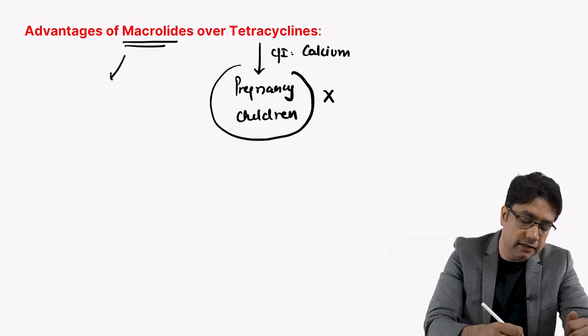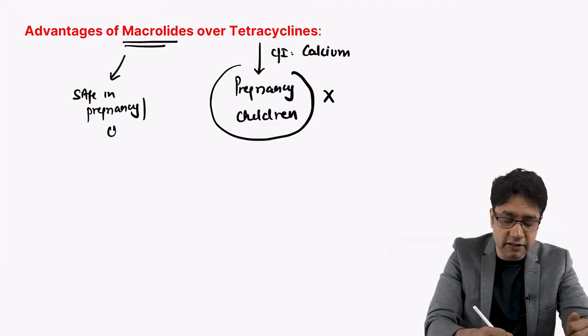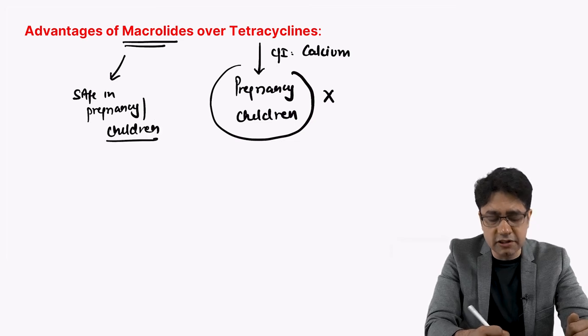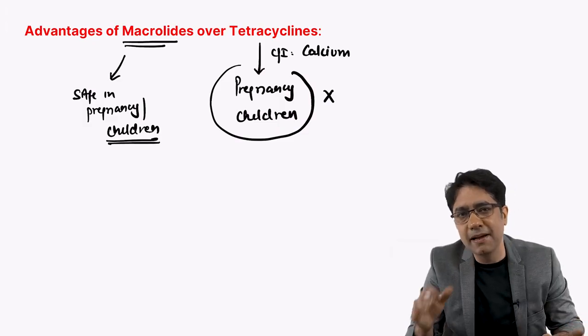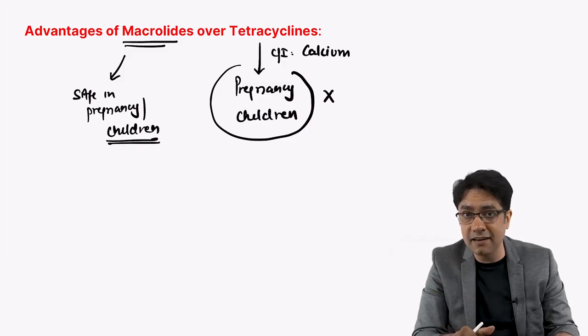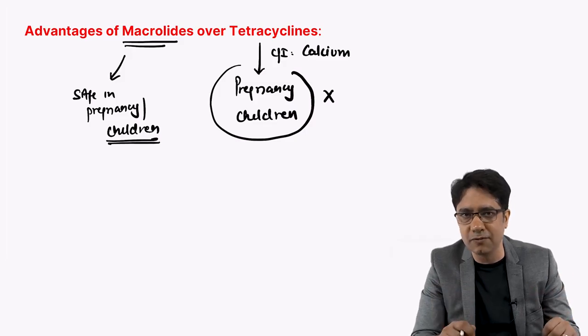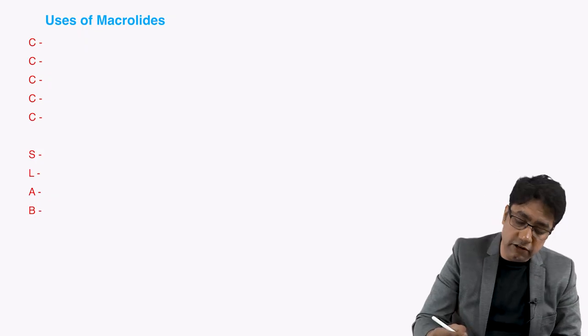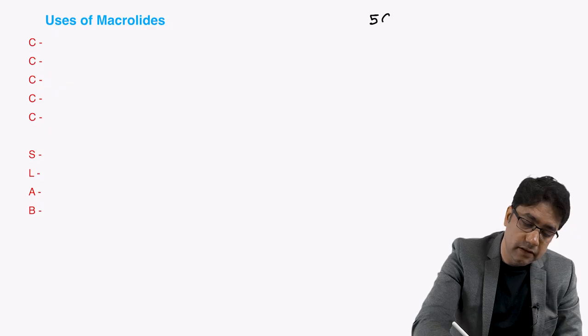Macrolides are safe drugs in pregnancy and children. Because of this reason, nowadays uses of tetracyclines are being overtaken by macrolides like azithromycin. So keeping this in mind, let's see the uses of macrolides like erythromycin and azithromycin. For the uses of macrolide, let's make a mnemonic: 5C SLAP.